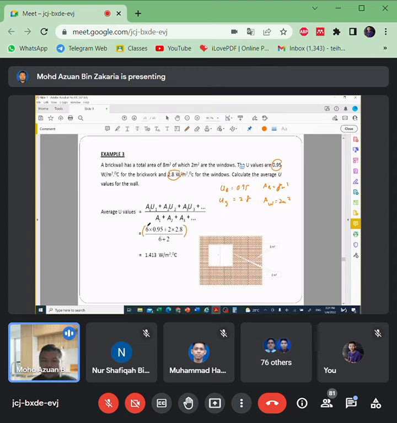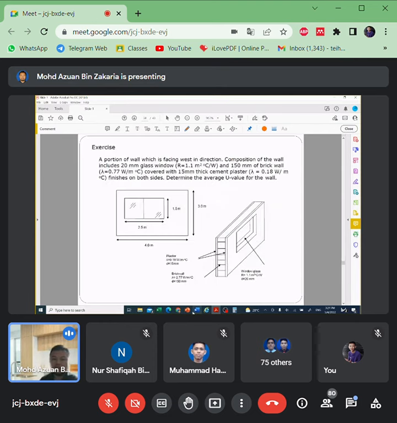So brick wall area is 6, and U value of brick 6 times 0.95 plus area of windows and U value of windows 2.8. When we solve this, we get 1.413, the average. Okay, so you get the idea, right?